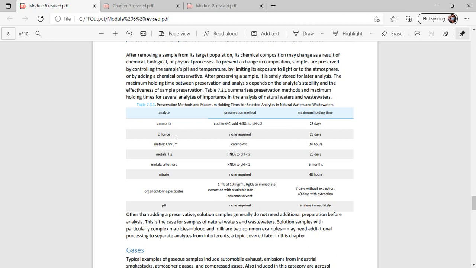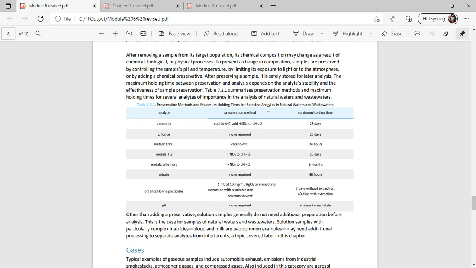So you have here mga analyte mo like your ammonia, your chloride, your metals such as your CrVI. Then you have your metals man, Hg, as your mercury. Then you have metals, iban all metals, your nitrate and organochlorine pesticides, and for your pH.